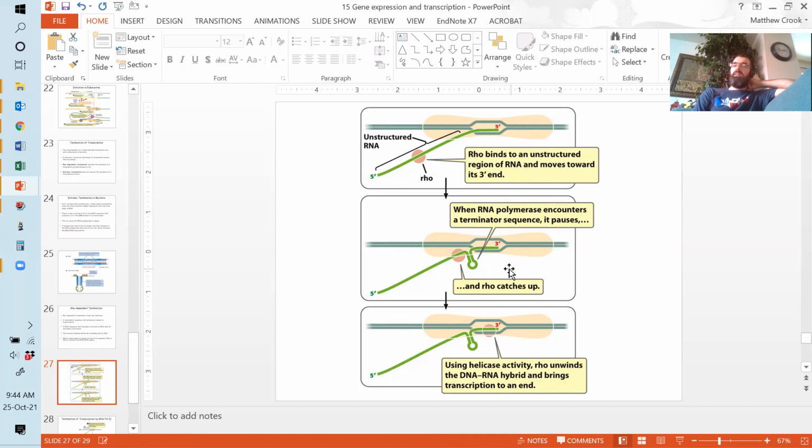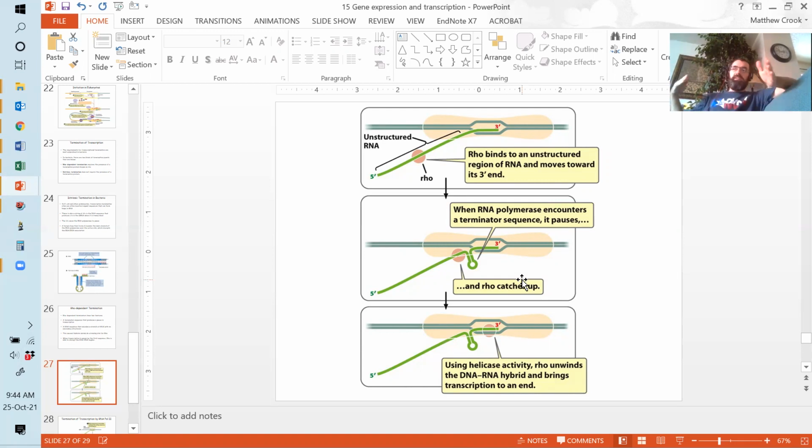So then the RNA polymerase encounters that terminator sequence and it pauses, right? It just stays put, like, I'm not really sure what I'm doing. And that allows Rho to come along and it basically gets into that complex, right? So this is called the torpedo model, right?